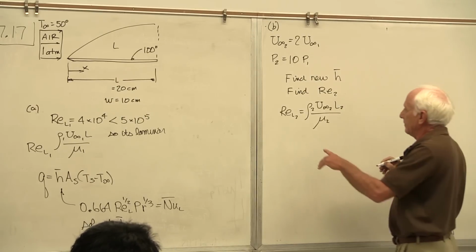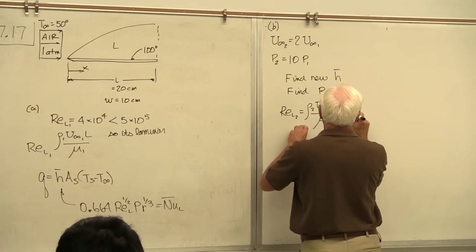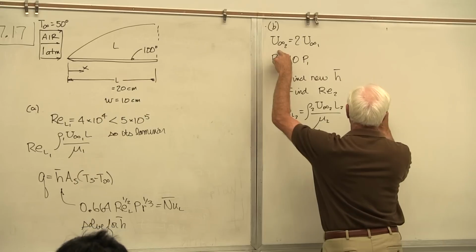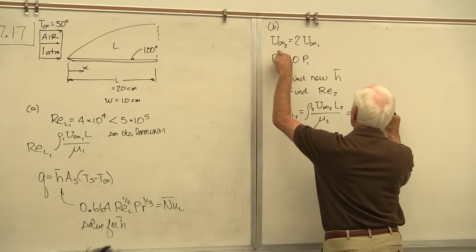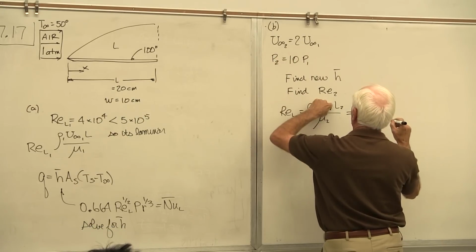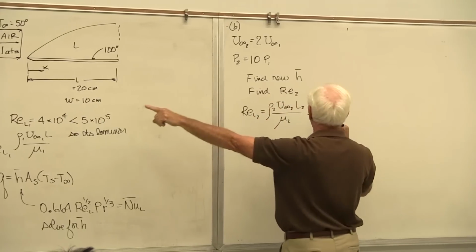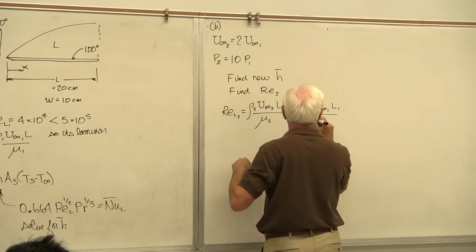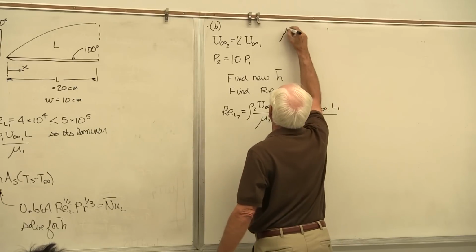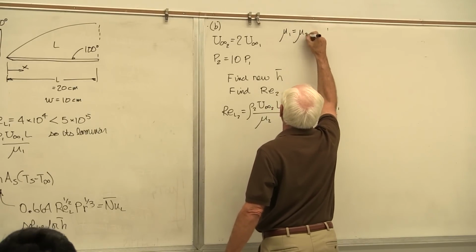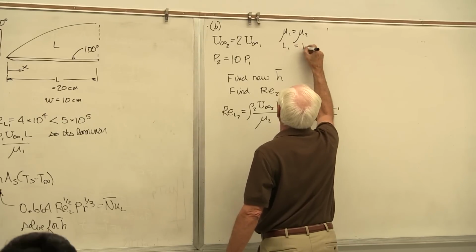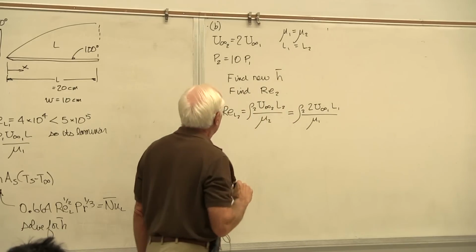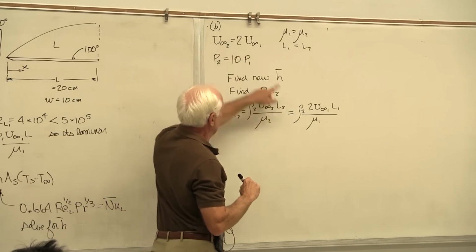How about U infinity? U infinity right here, 2 times U1. How about L2? Did the plate length change? No, it didn't change, L1. How about mu? Did mu change? No, mu1 equals mu2. L1 equals L2. U infinity 2 equals 2 times U infinity 1.